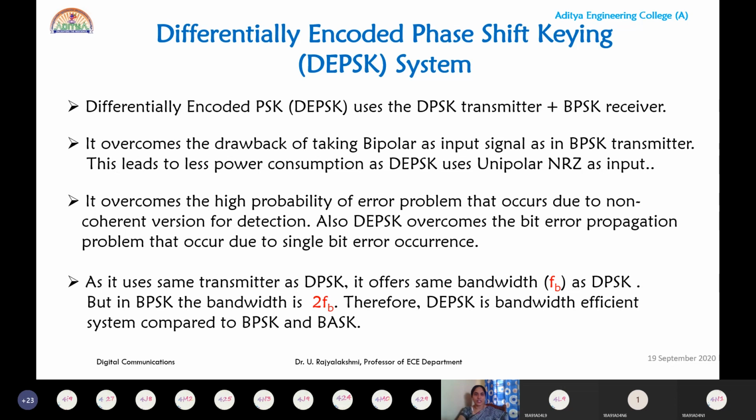And the drawback of the DPSK receiver, the differential PSK receiver? High probability of error, and even a single bit error gets propagated throughout the entire sequence. These drawbacks can be overcome using DEPSK. The full form of DEPSK is differentially encoded PSK.